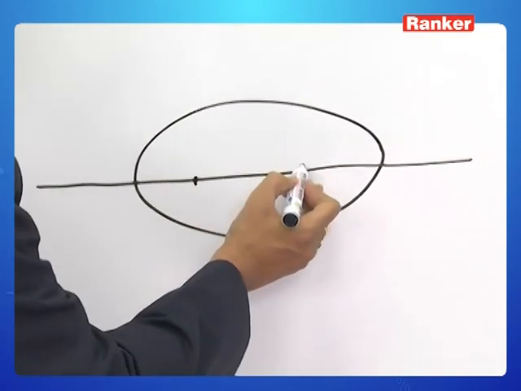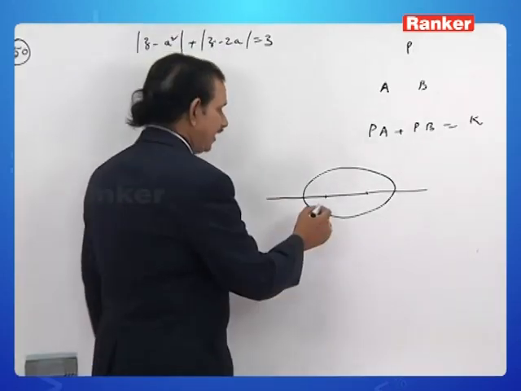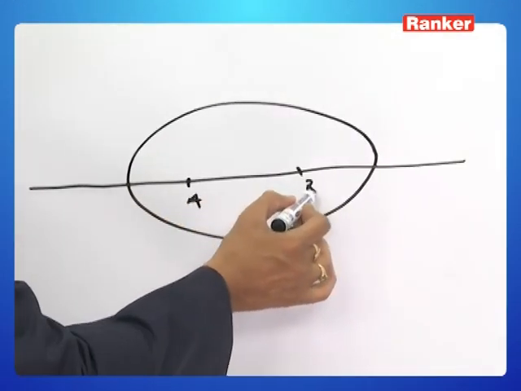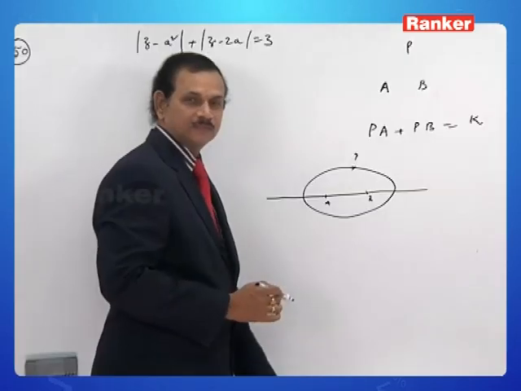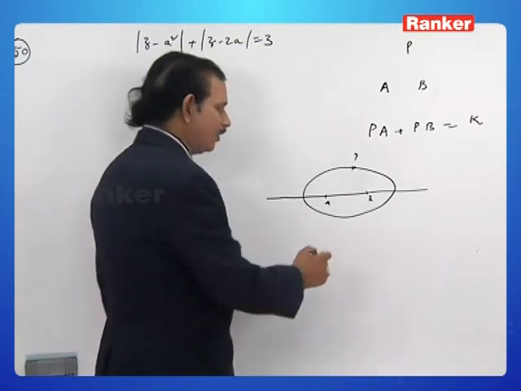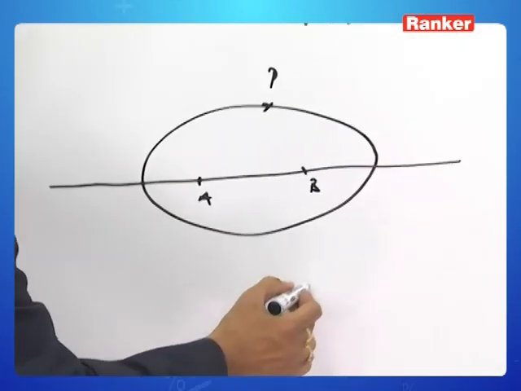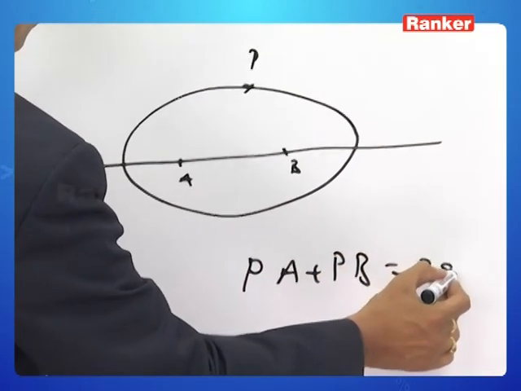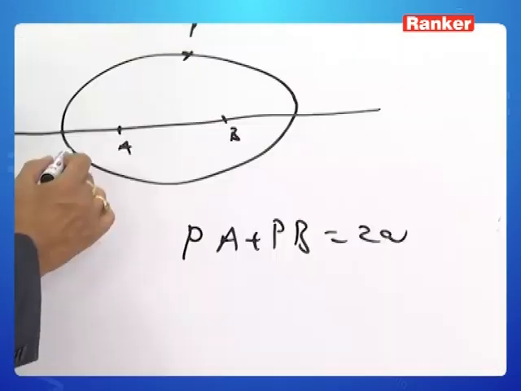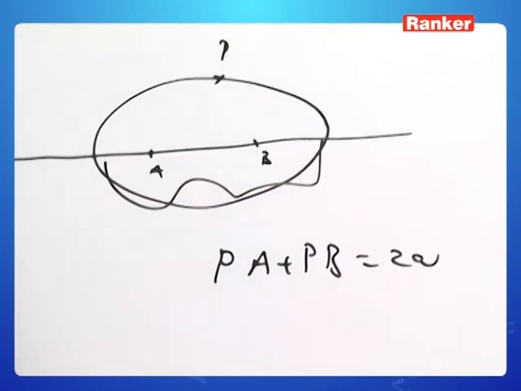Let the two foci be, say, A and B. Let capital P be any point on the ellipse. Then we all know that the sum of the focal distances PA plus PB is always 2A. That is the length of the major axis.